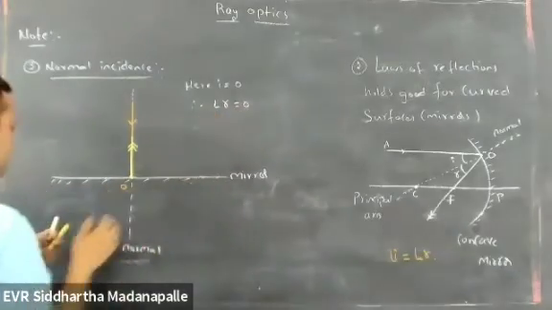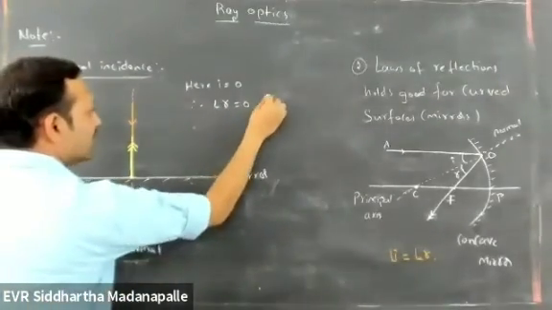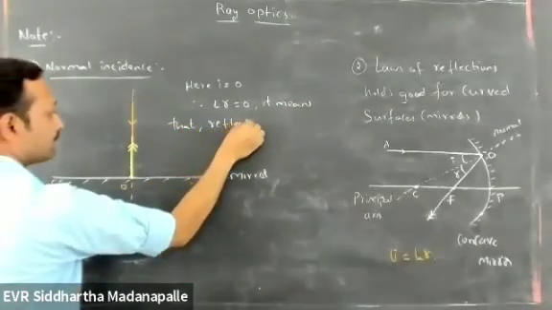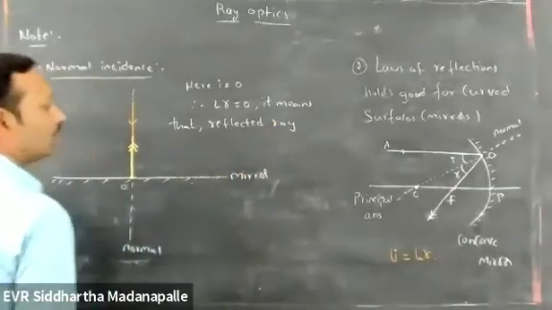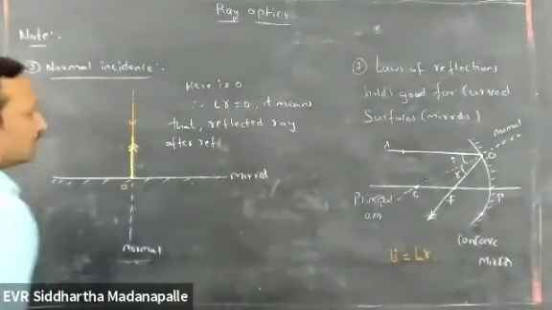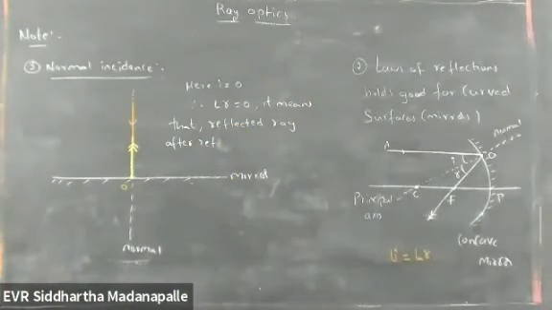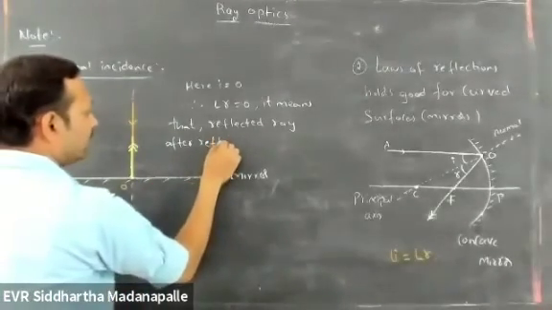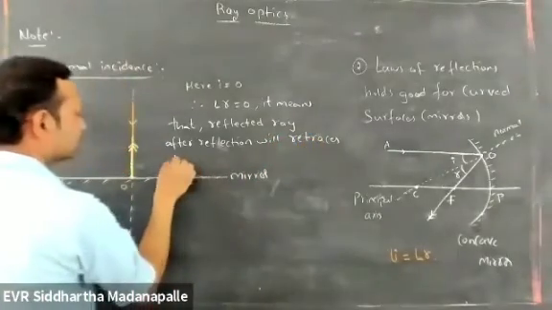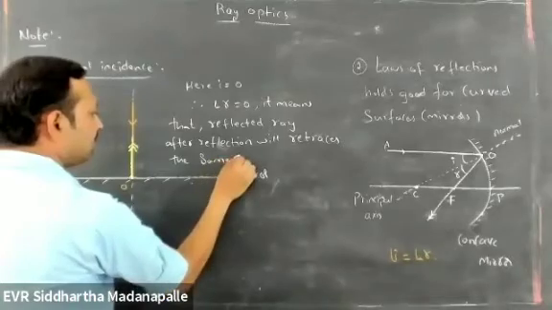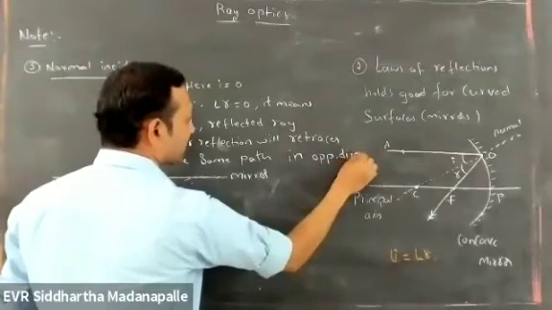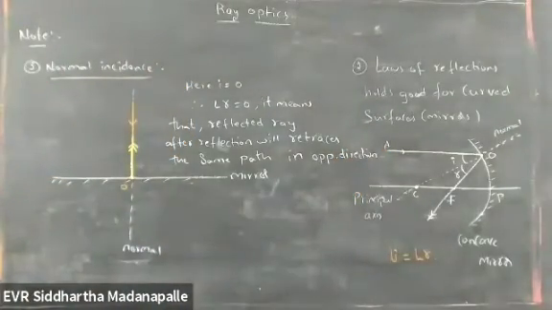Remember this one: it means that the incident ray after reflection retraces the same path in the opposite direction.